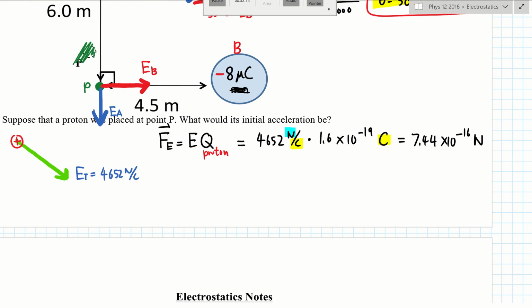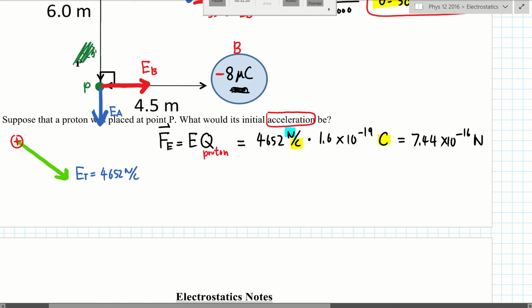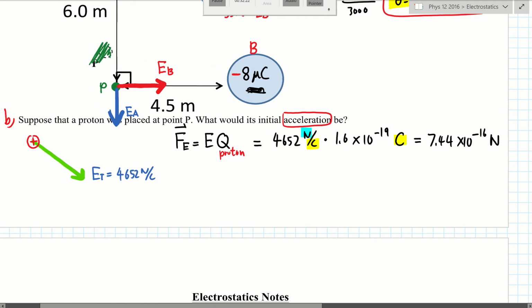Okay, so why do we need electric force? Because I want acceleration. And what better to give you acceleration than net force, right? There's only one force on the proton, and that's the electric force. So the electric force is the net force in this case. F net equals ma. So if I want acceleration, I'll take that electric force and divide it by the mass of a proton.